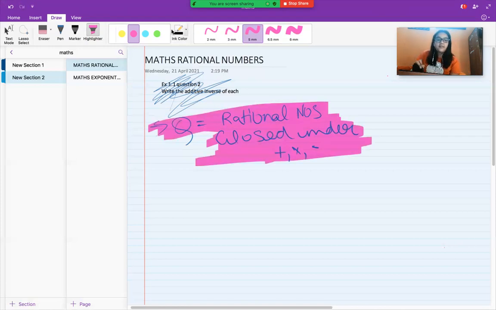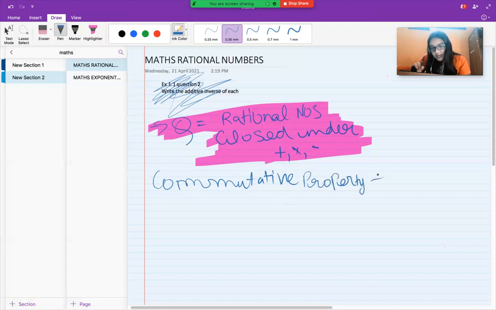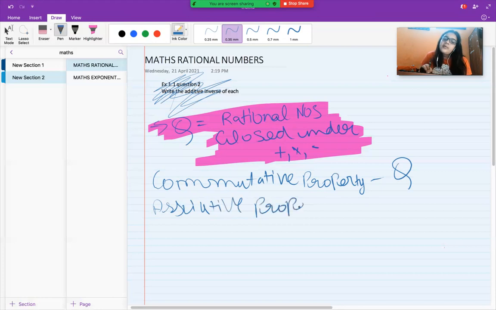So the second point is that commutative property for rational numbers and associative property for rational numbers.